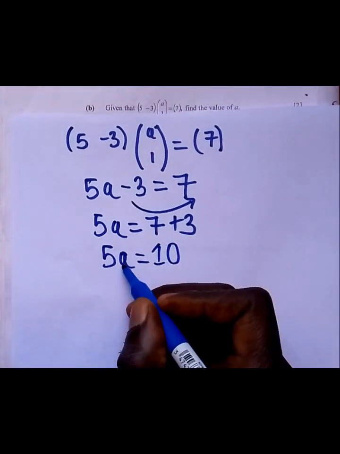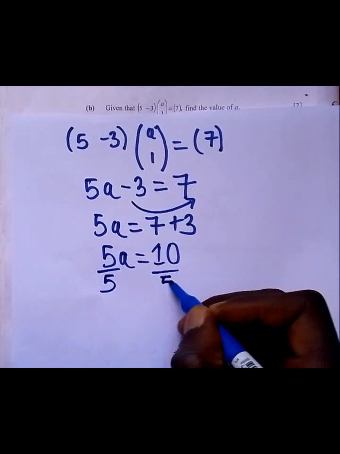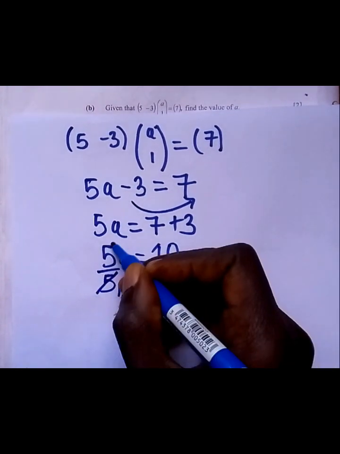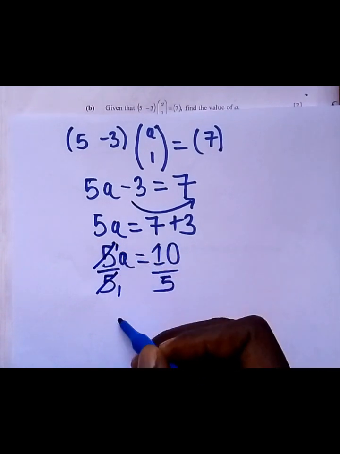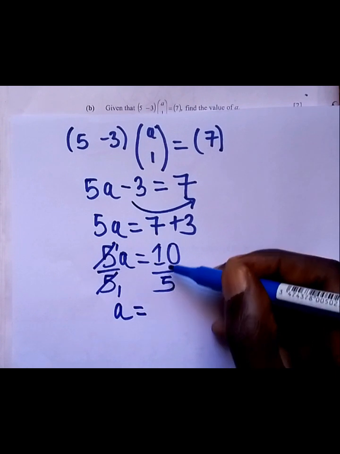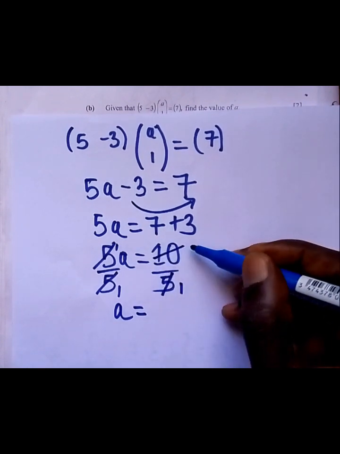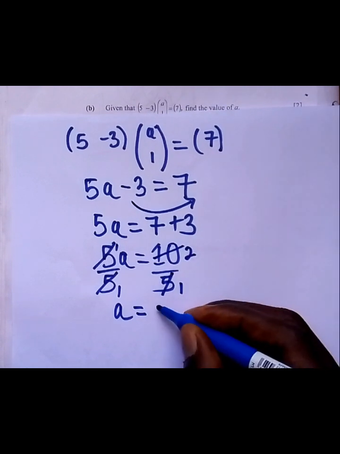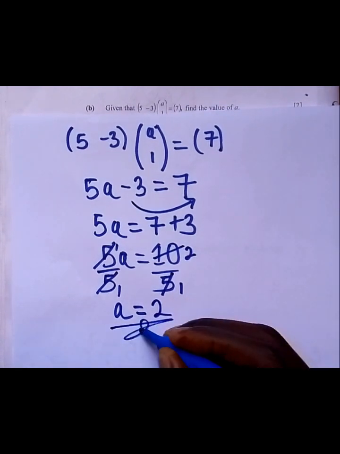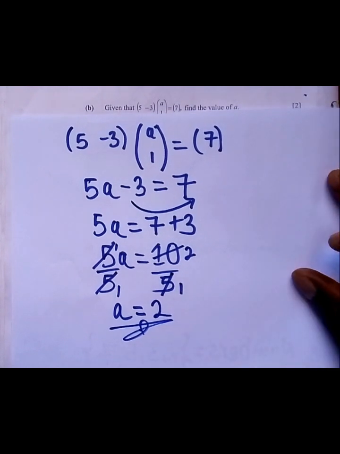And to find the value of a, we just divide by 5 this side, even here by 5. 5 into 5, 1. 1 times a just gives a. And 5 into 10, that's a 2. So the value of a is equal to 2.